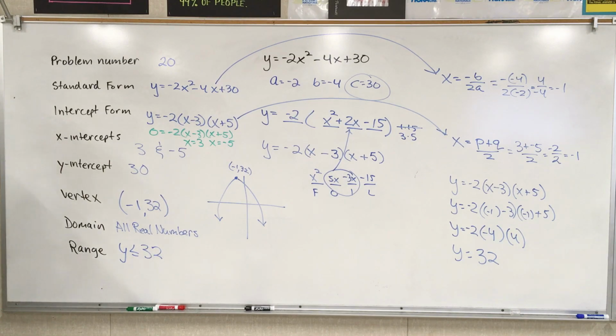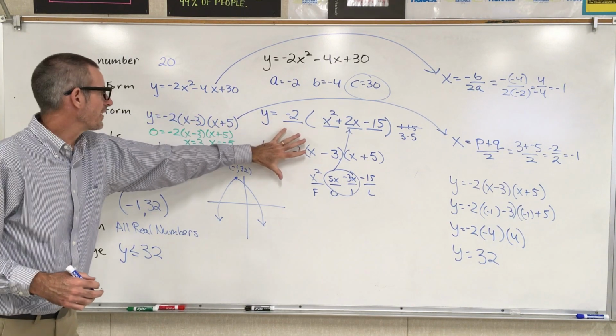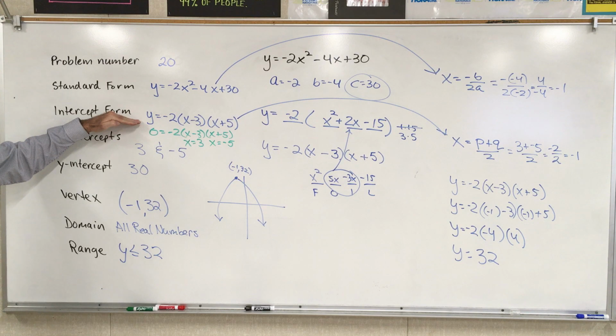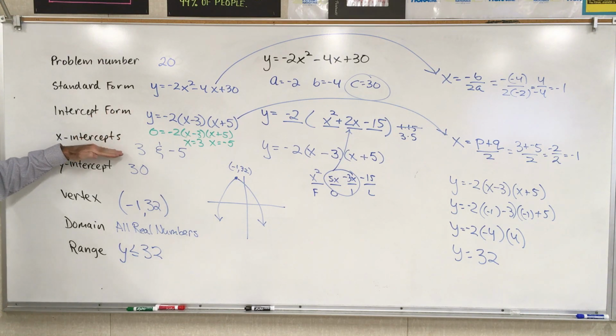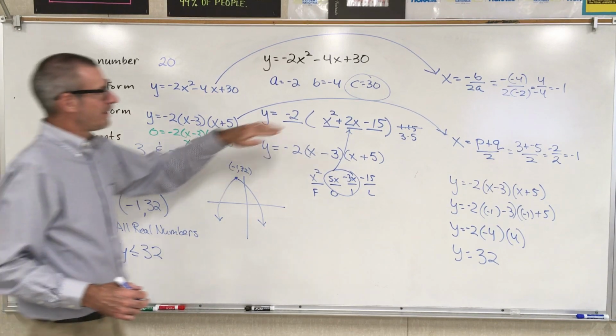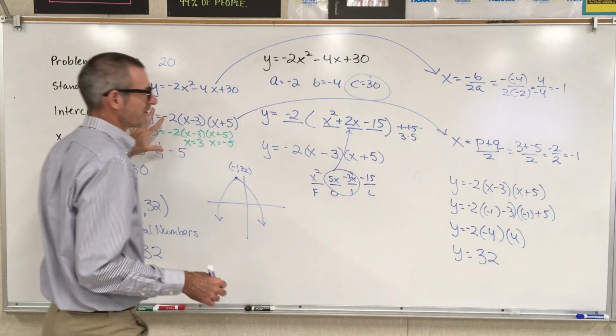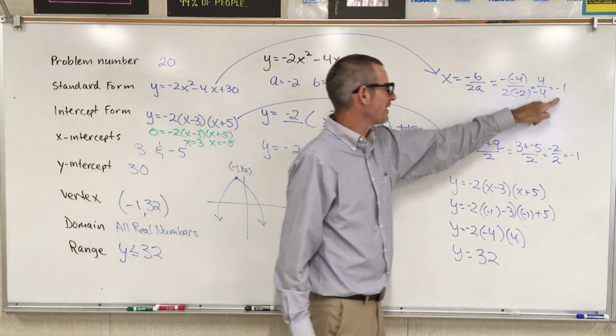So on this problem, we started out and we knew what it was in standard form. We factored it to find what it was in intercept form. We used intercept form to find the x-intercepts, and we used standard form to find the y-intercept. Then we used this equation with standard form and this equation with intercept form, and they both came out to the same number.